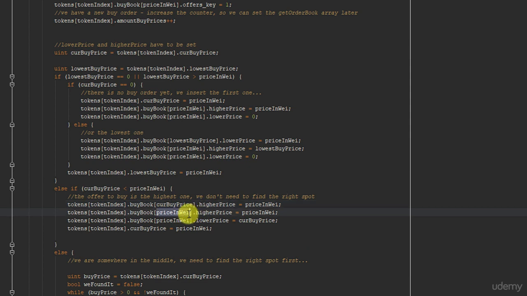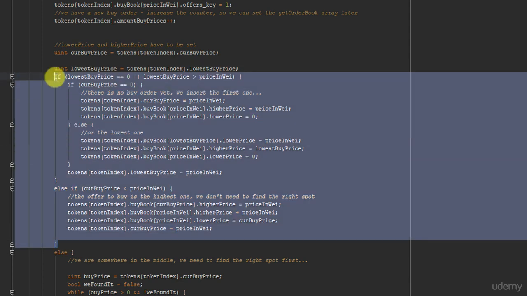And for the price that we try to add, our higher price is our price, so that we are just pointing to our own entry. And the lower price is the previously current buy price, which was the current highest price to buy a token. And then we set our current buy price to the price that we're trying to add. So those are the 2 easy cases.